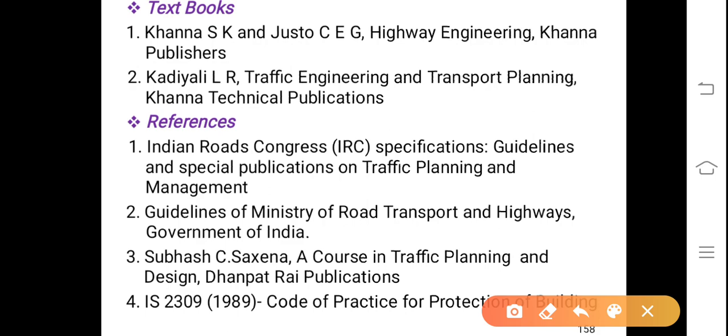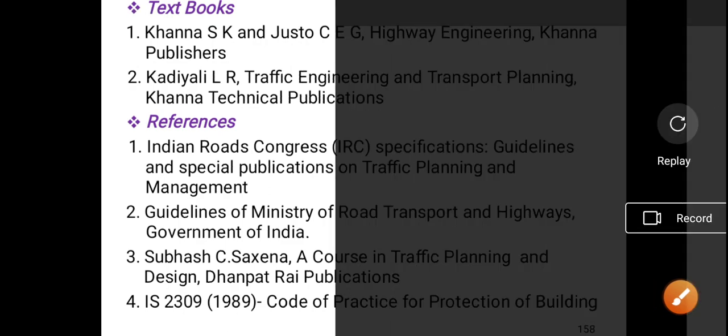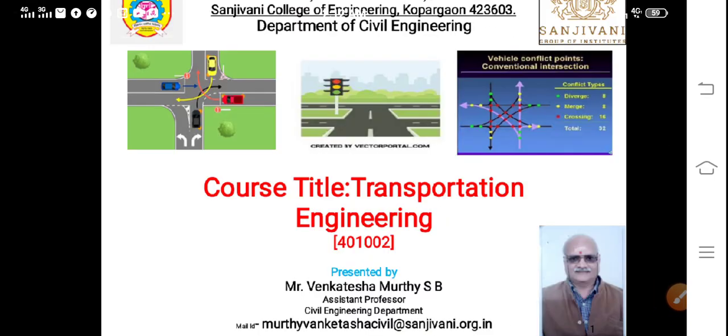Thereby we completed the traffic engineering full syllabus content as per your syllabus. But from the viewpoint of examination, how much syllabus is taken into consideration to set the question, Almighty God knows.